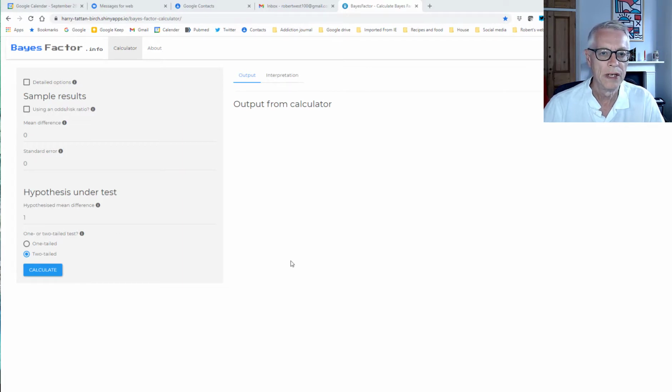The reason we generally want to use Bayes factors is that they provide a more direct answer to the questions that we're asking when we do studies involving statistics.